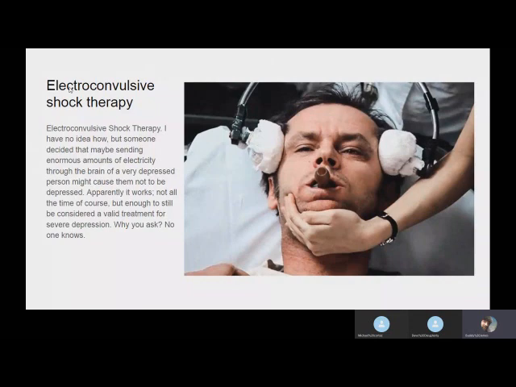Apparently, it works. Not all of the time, of course, but enough to still be considered a valid treatment for severe depression. Why, you ask? No one knows. You know what also is a valid treatment for severe depression?